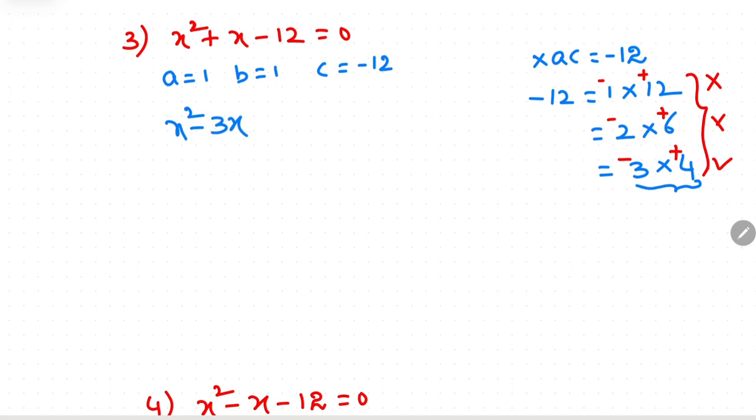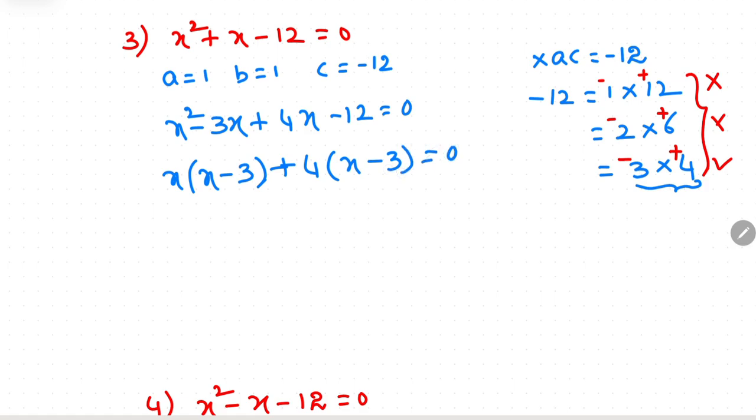So minus 3x plus 4x minus 12 is equal to 0. Okay, so we can take x common, therefore x minus 3. So 4 into 3 is 12, so positive 4, x minus 3 is equal to 0.